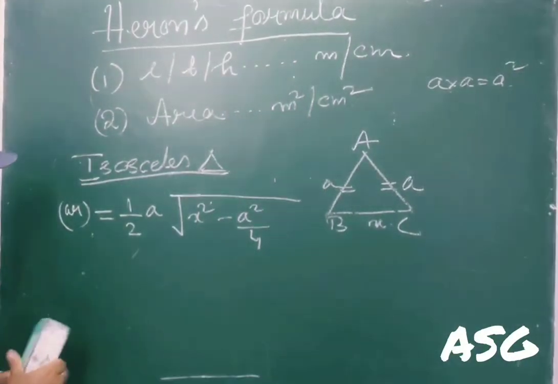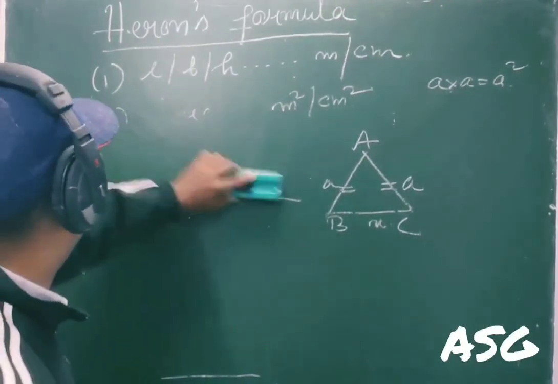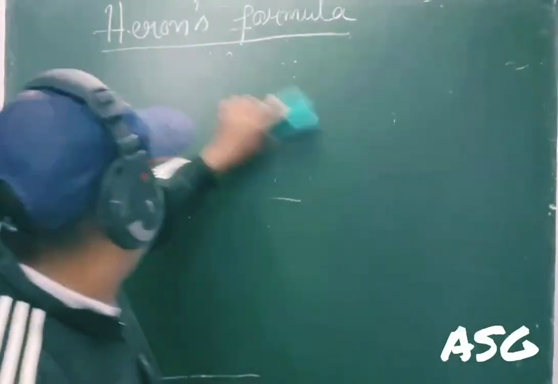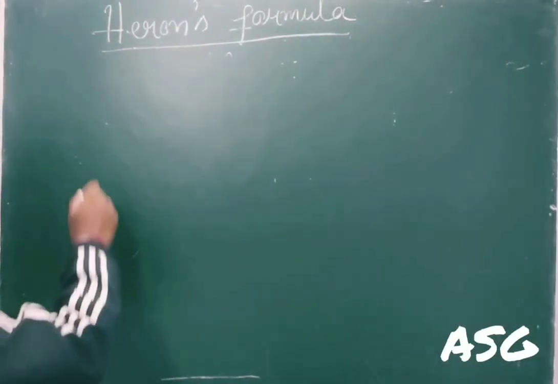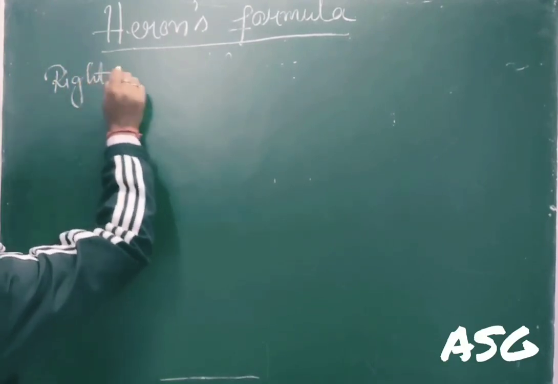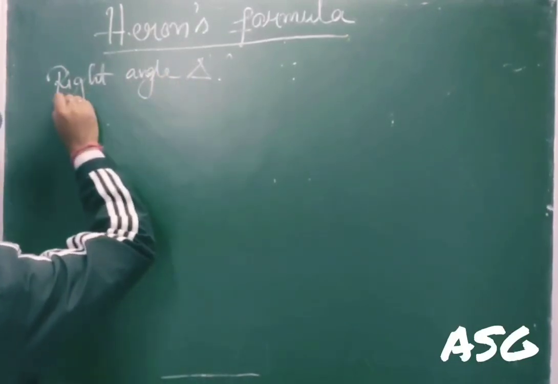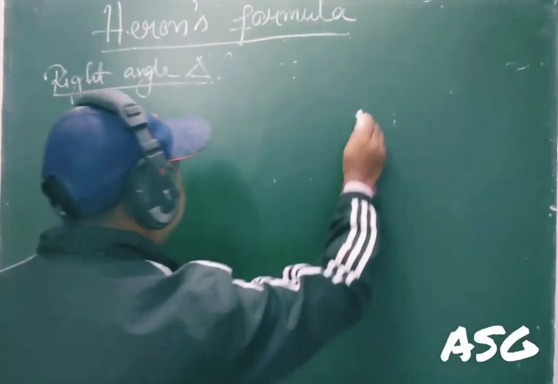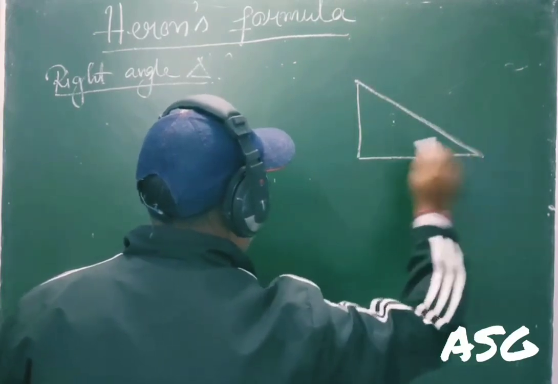Now, next is your right angle triangle. From your previous classes' knowledge, you know that any triangle whose one angle is 90 degrees is called a right angle triangle.